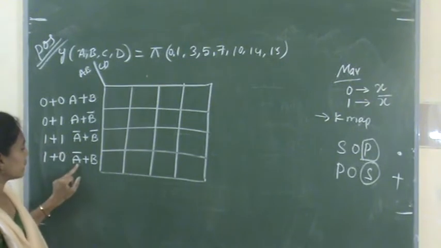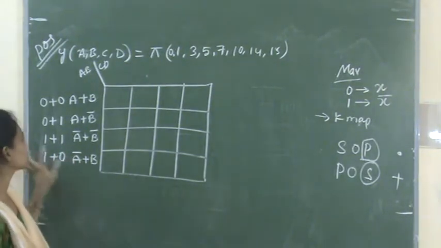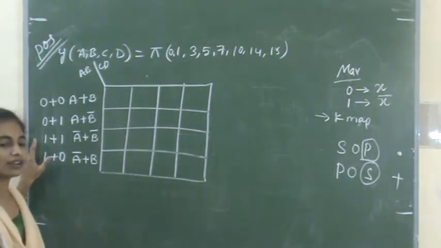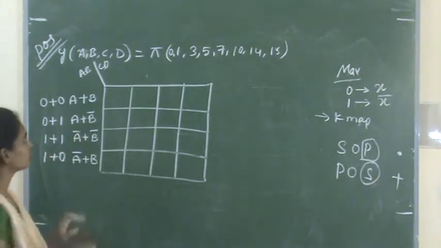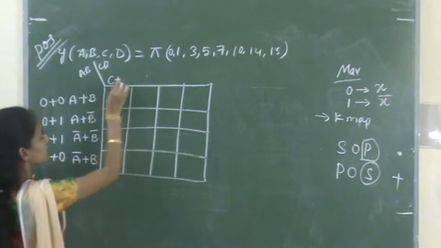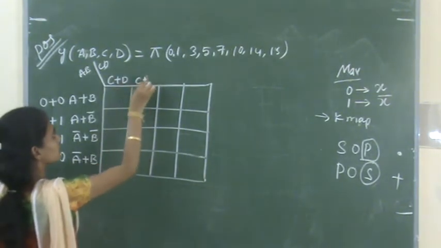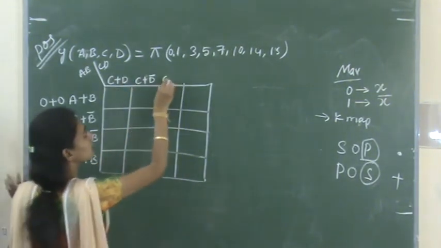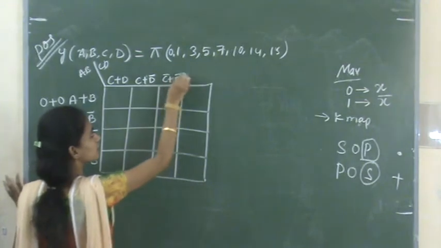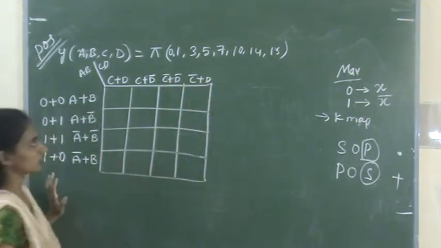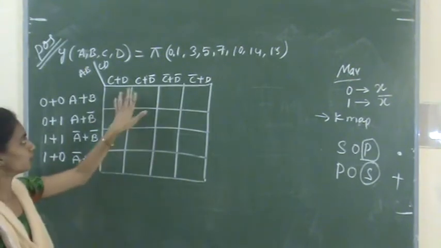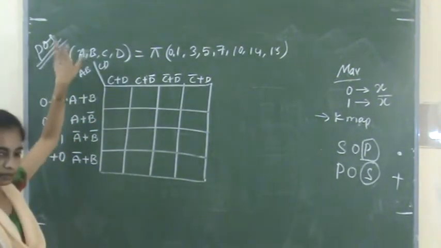Why am I writing A bar here? We know that wherever we have a value 1, then I have to write a bar, okay? Same here also: C plus D, C plus D bar, C bar plus D bar and C bar plus D, okay? So this is how we have to write it for a POS method.